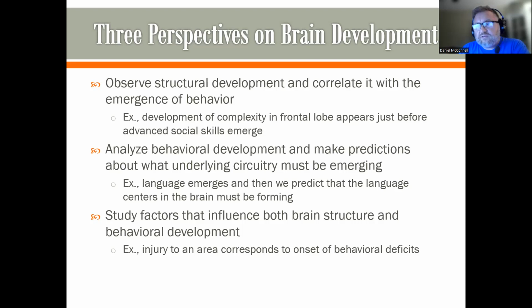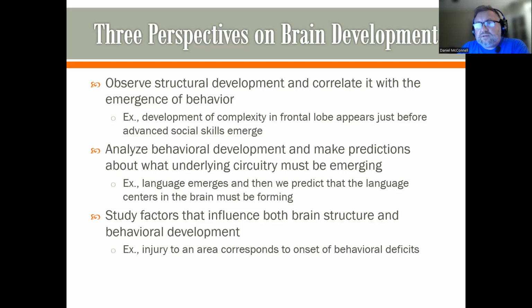So the very first thing is you notice that the brain has changed because you're monitoring some specific brain structure by perhaps doing what's called a longitudinal study. Longitudinal studies involve tracking development over a period of time within a given individual or group of individuals.